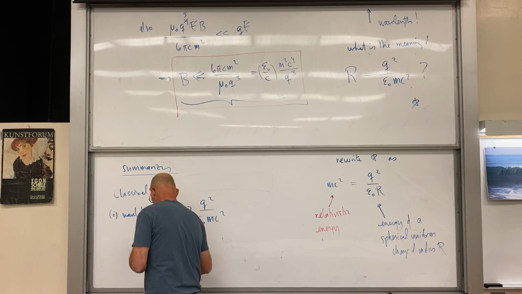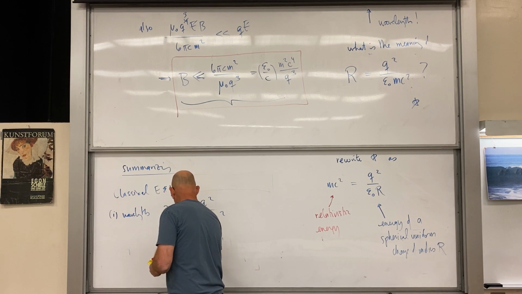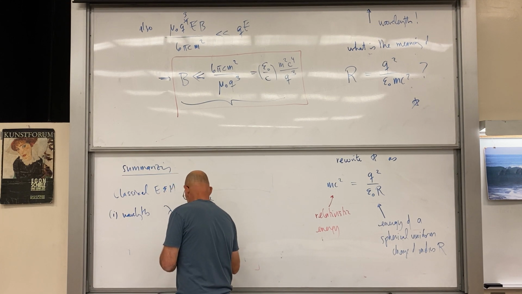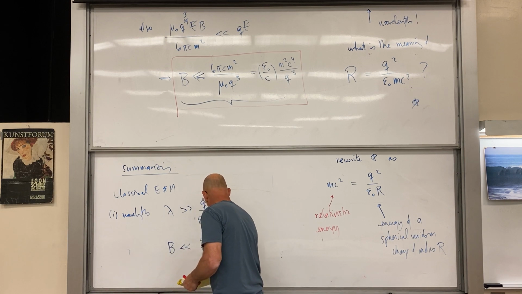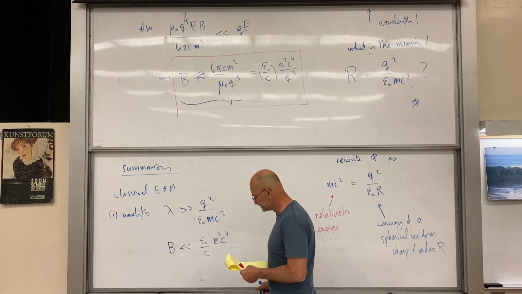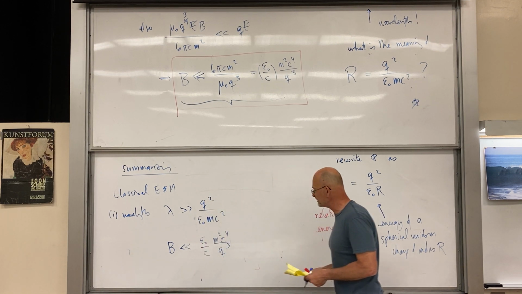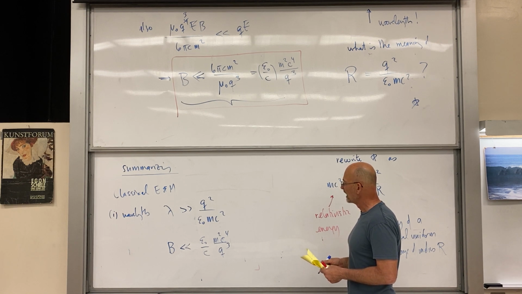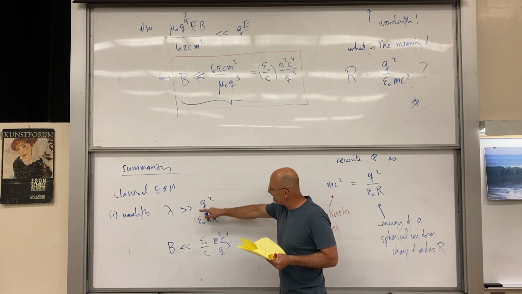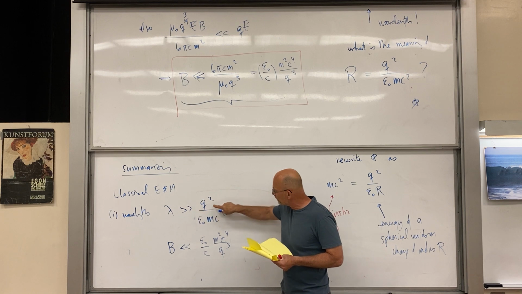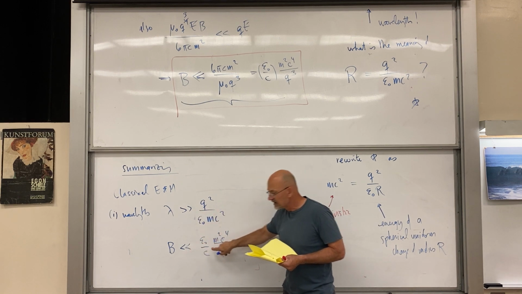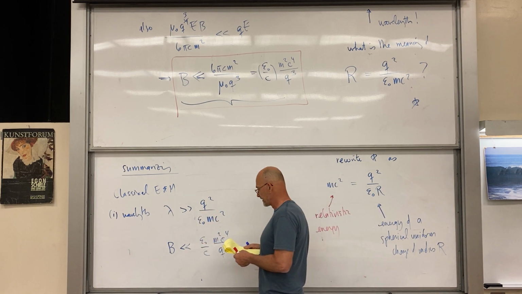Fields have to be much less than epsilon naught over C M squared C to the fourth. Now you see there's an energy there over Q to the third power. And you can say it would break down when the lambda approaches this quantity, when the field is this strong. Okay.